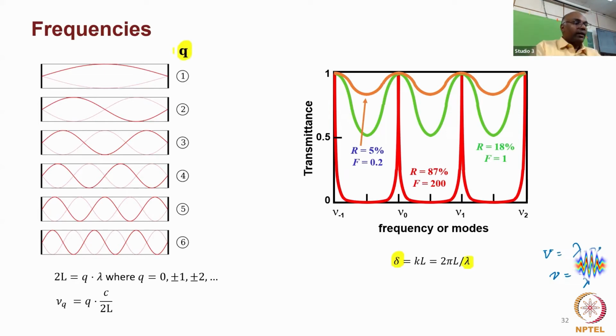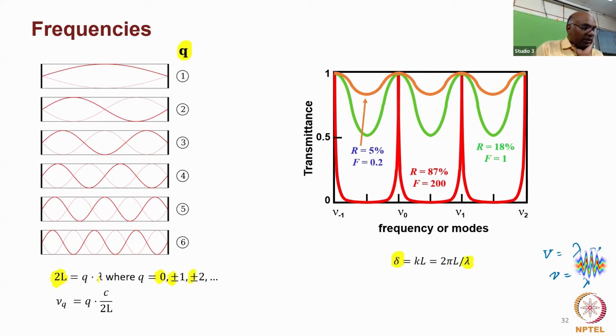And then, as we realized earlier, the condition for maxima can be written down as maxima occurring for values of q where 2L equals q, an integer, multiplying lambda, where q can take values 0, plus or minus 1, plus or minus 2, and so on and so forth.